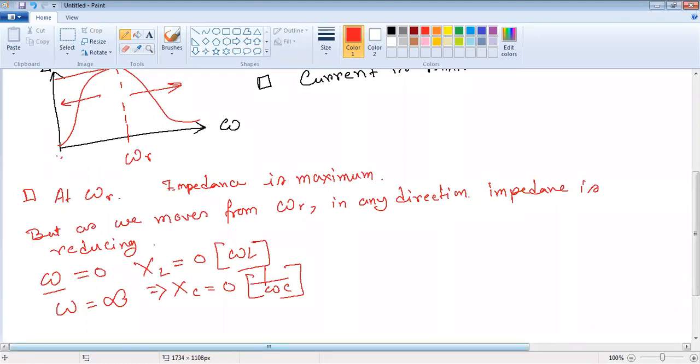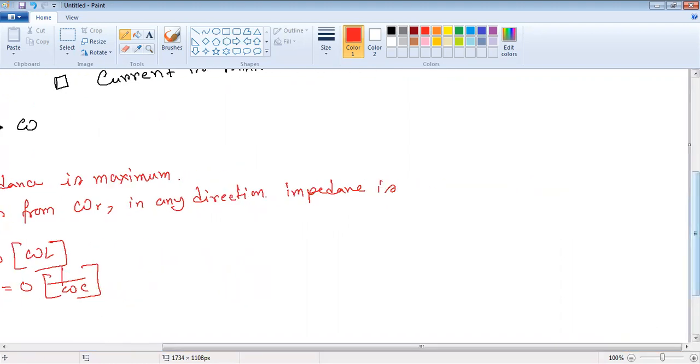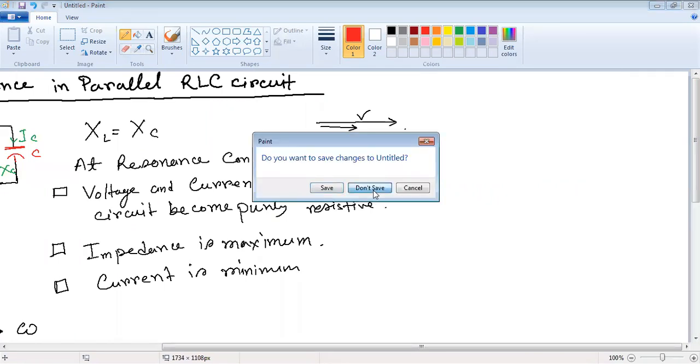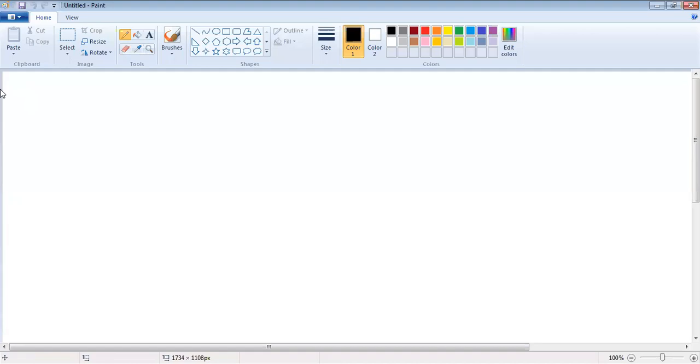And now we are talking about another curve, that is the current versus frequency curve. Look, this is the current versus frequency curve. That is I, and that is omega.